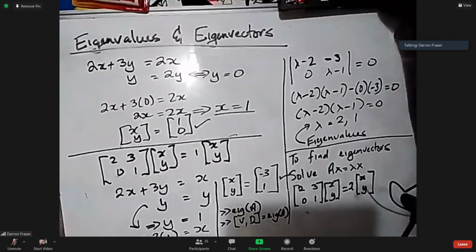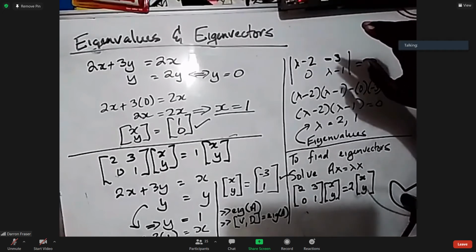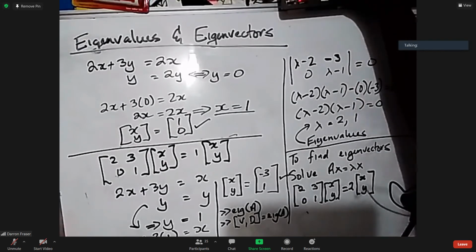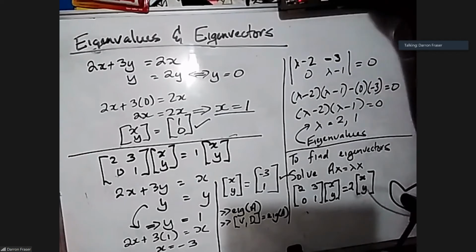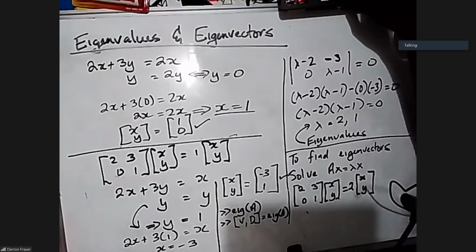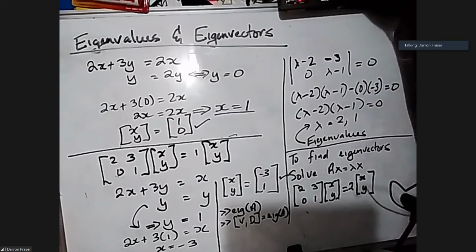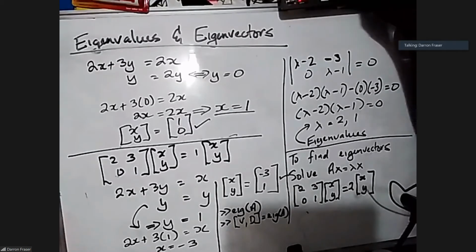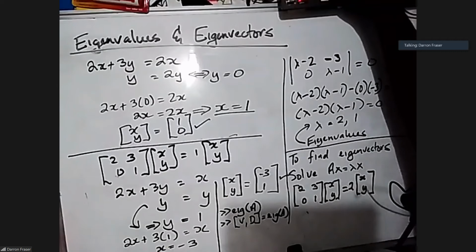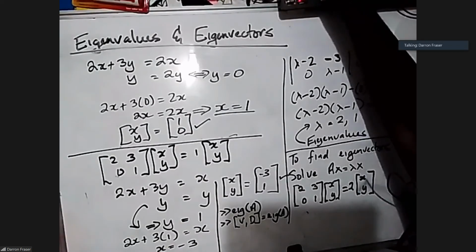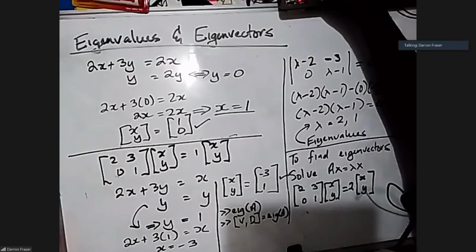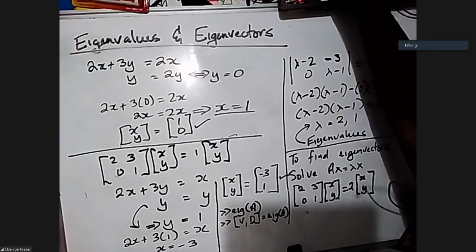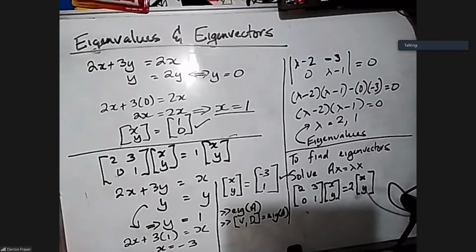A equals square bracket 2 space 3 semicolon 0 space 1 square bracket, enter. Then I say eig(A), close bracket, and I get the same 2 and 1.